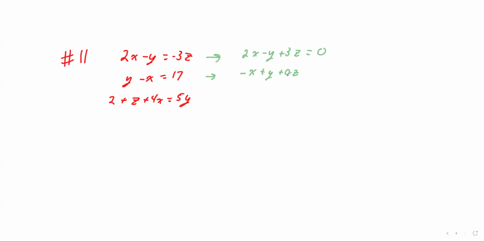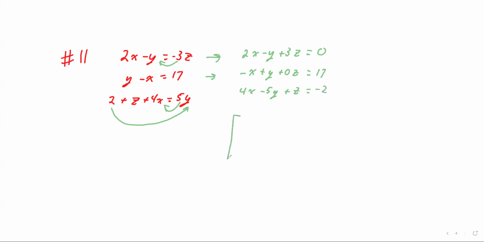Now, I rewrote this one, so I had a placeholder for it and didn't forget it. This one is going to be 4x. And that was going over there. This one needs to go over here where this constant needs to be moved over here. So when I move this positive 5y over, it becomes a -5y plus z equals this positive 2 moved over becomes a -2.